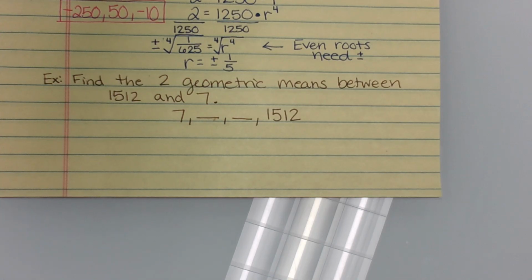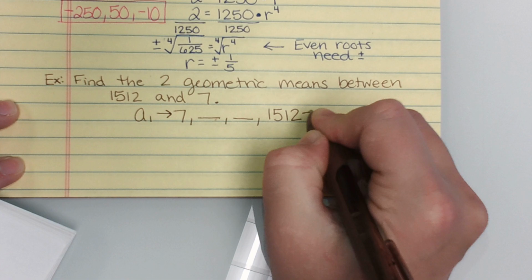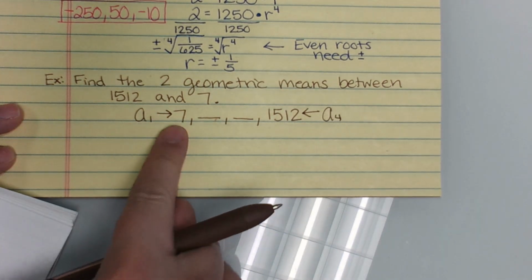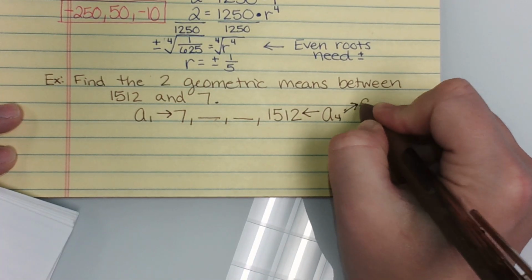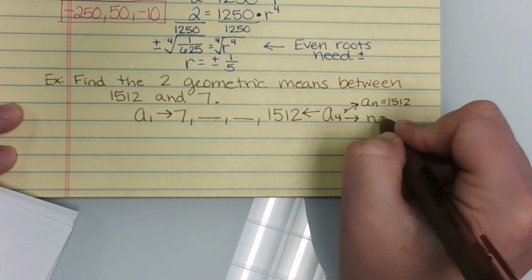You gotta find the A1 and the A5. Yes-ish. This is A sub 1, but is this A sub 5? No, it's 4. A sub 4. Remember, first term, second, third, fourth. A sub n will be 15, 12. N will be 4.